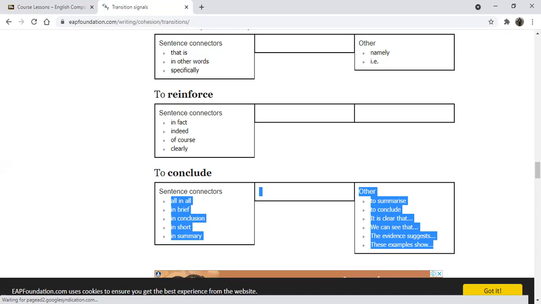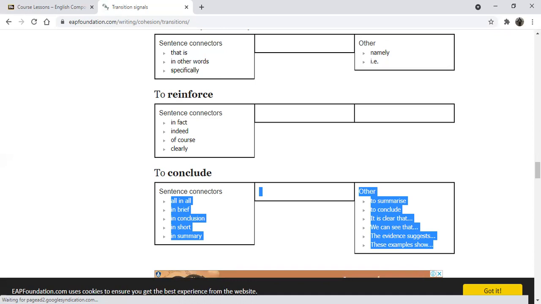Examples of these transition signals that introduce an additional idea: also, besides, furthermore, in addition, moreover, additionally, and, nor, another, and an additional. Both another and additional are followed by nouns.